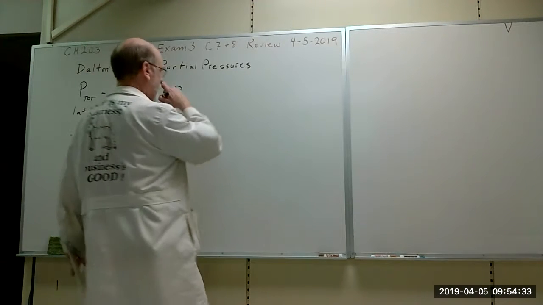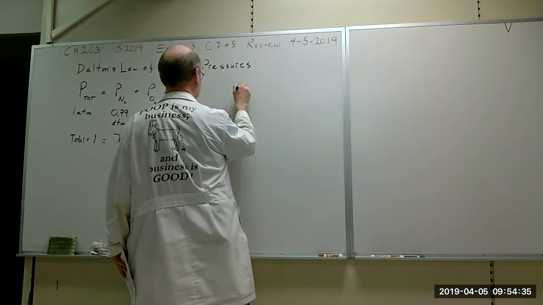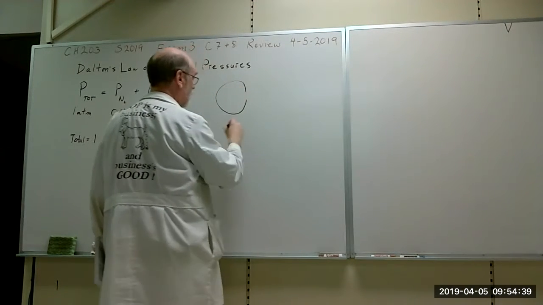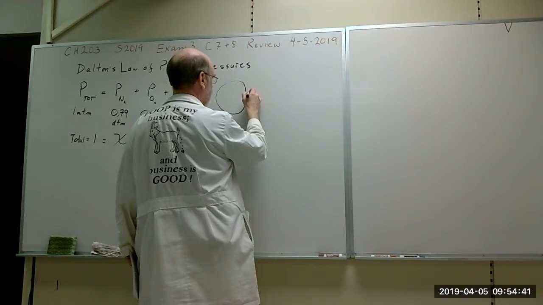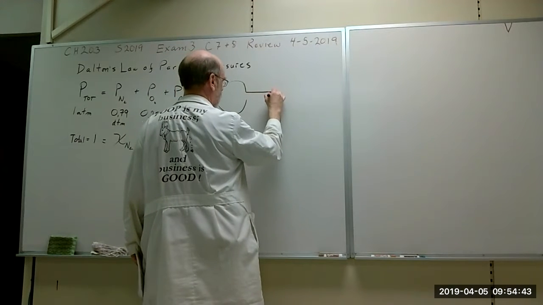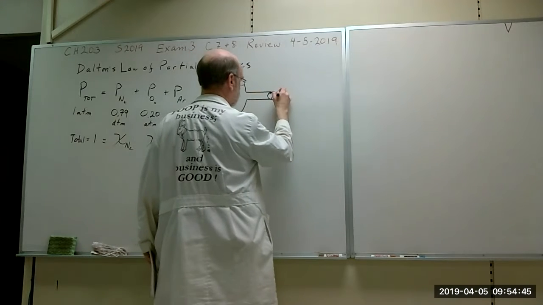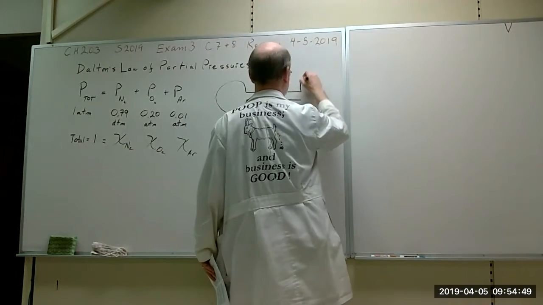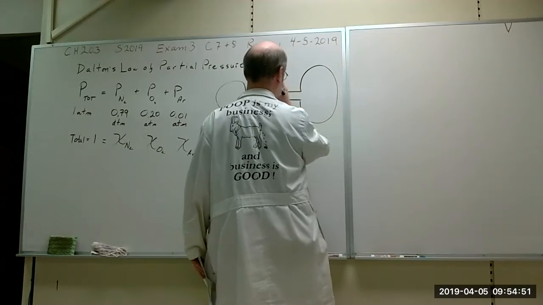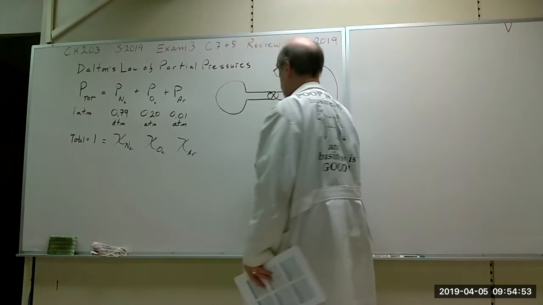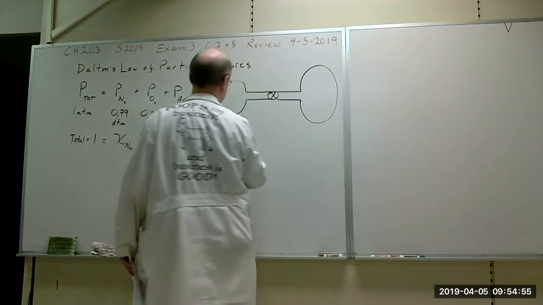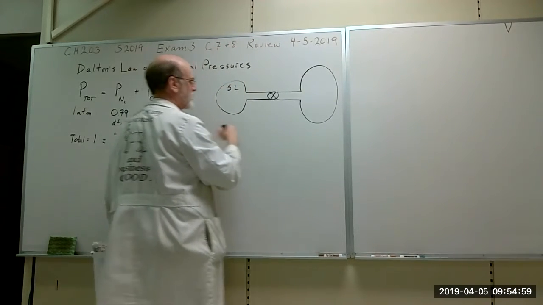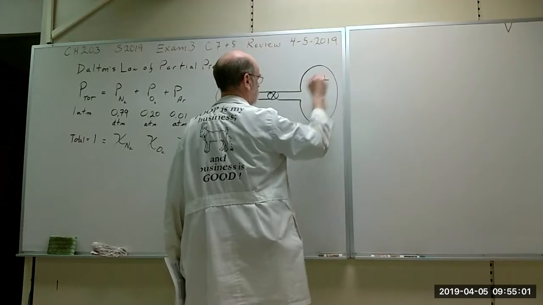Let's say we have a bulb here containing a gas, and it's connected to another bulb. Let's make it bigger. All right. So we're going to say this one is 5 liters volume, and this one is 10 liters.